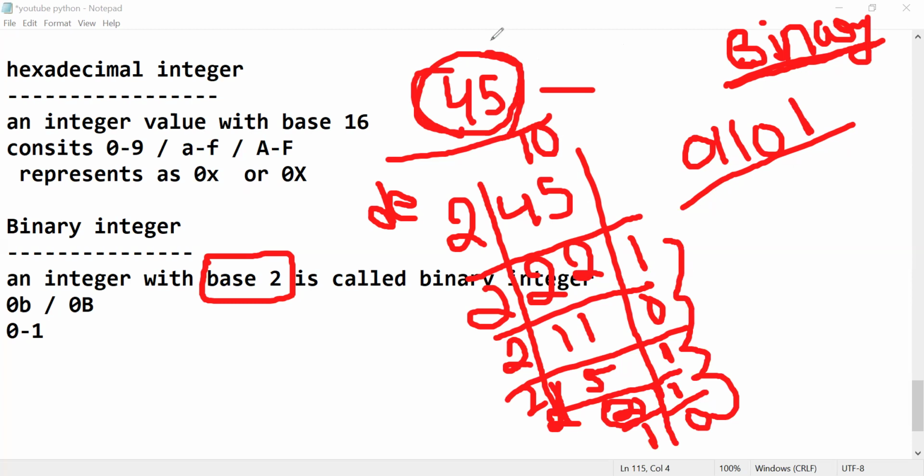Suppose, guys, if you want to convert this binary value into decimal integer, you need to multiply with base value 2, guys.